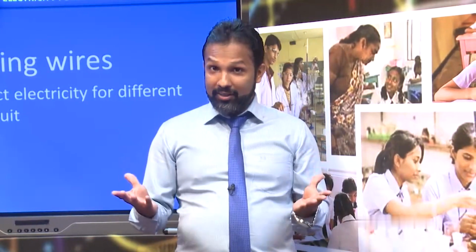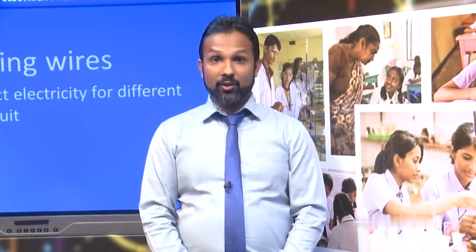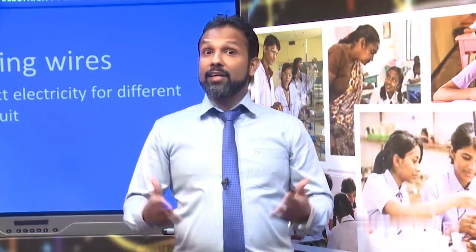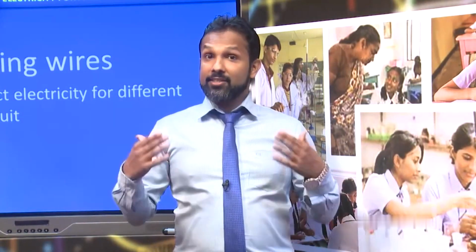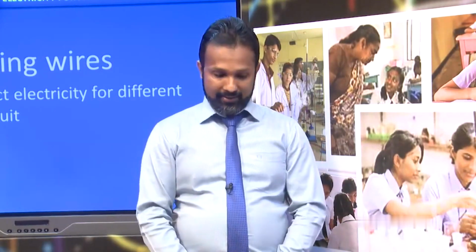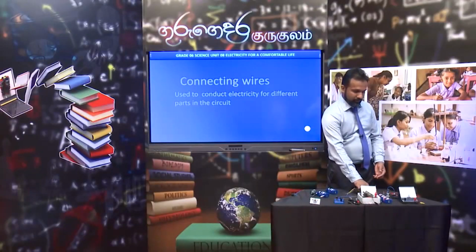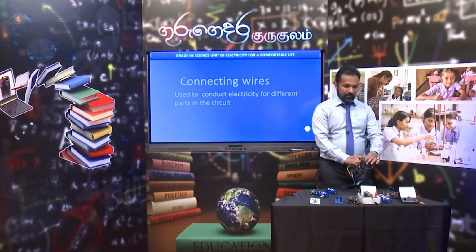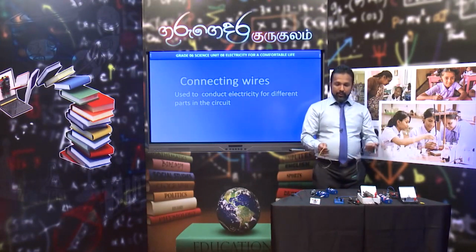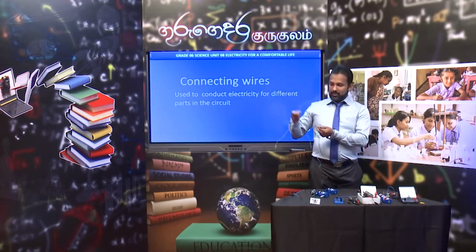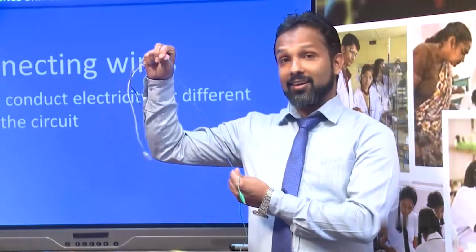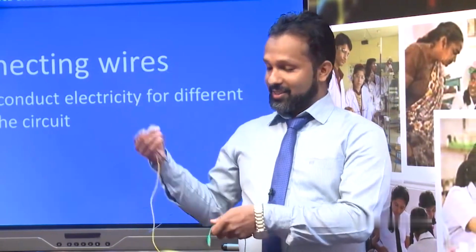Today I brought some connecting wires to show you. There are different types of connecting wires, different colors, different sizes. Right, you can watch. These are some examples of connecting wires. Some are yellow in color, some are brown, some are blue, some are green.